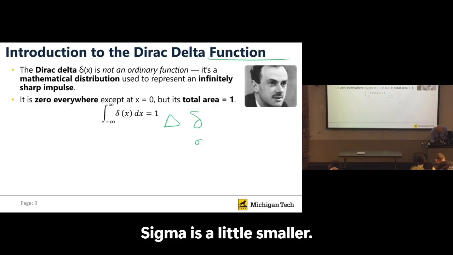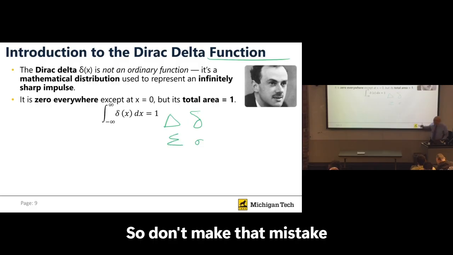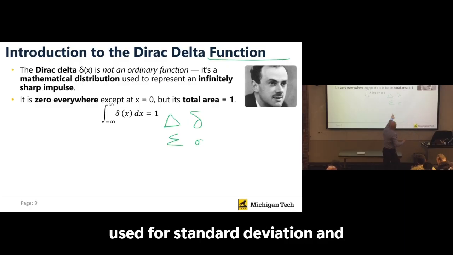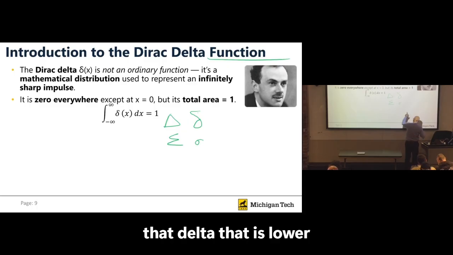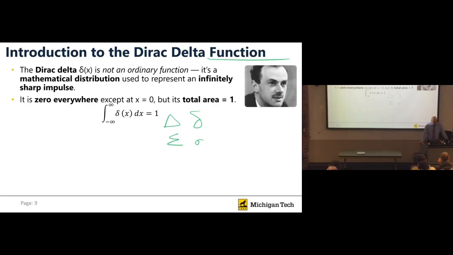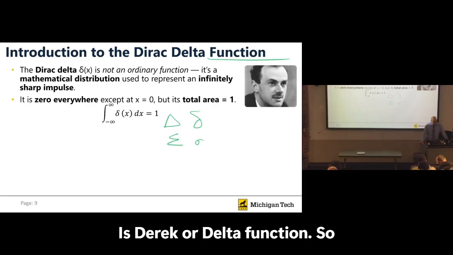Sigma is a little smaller. Don't make that mistake with sigma. Sigma is mostly used for standard deviation, and that delta, the lowercase delta, is a Greek letter, of course, for the Dirac or delta function.